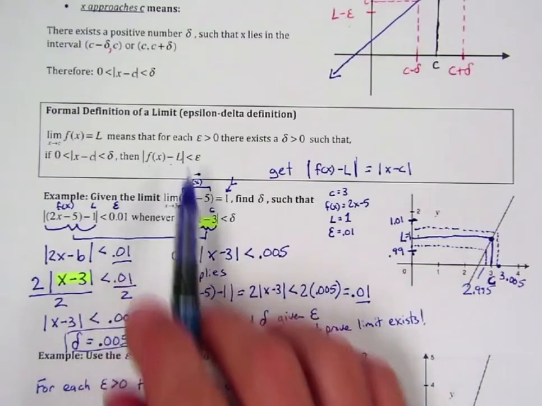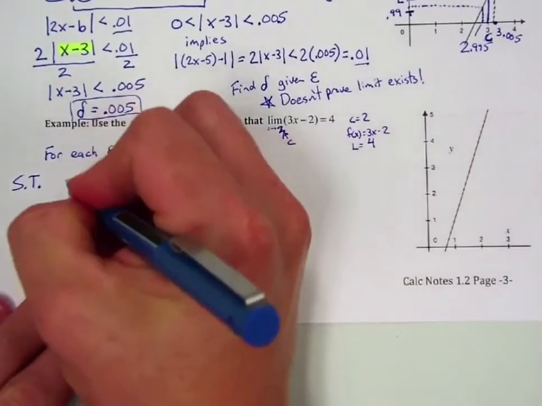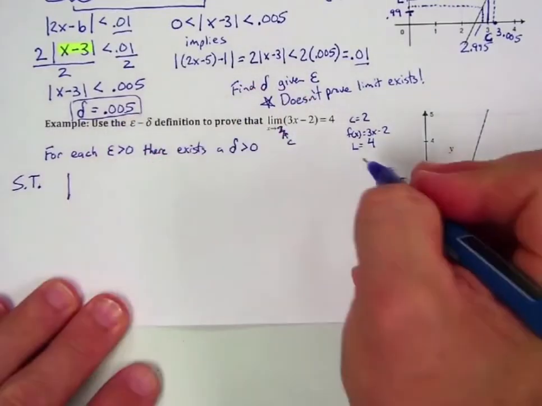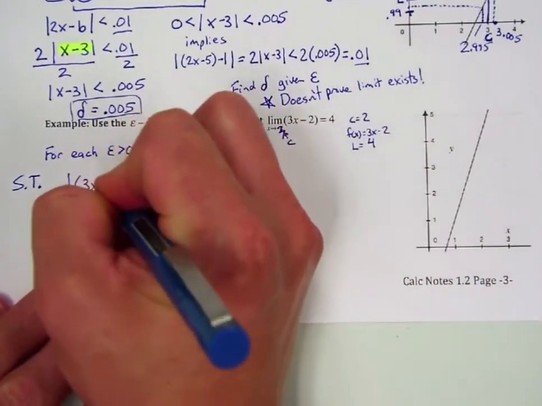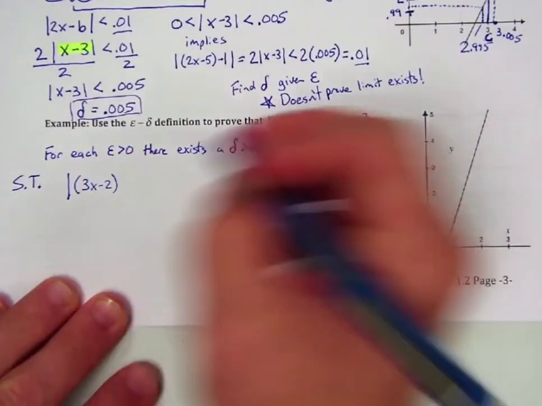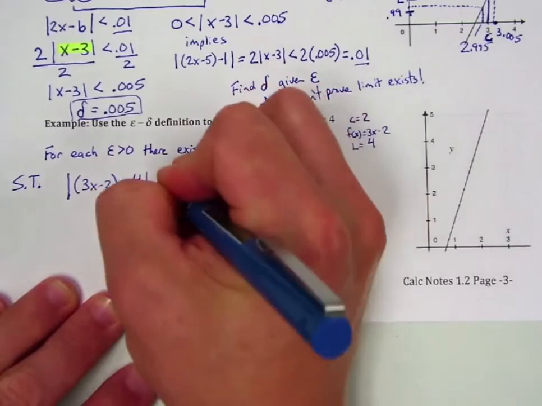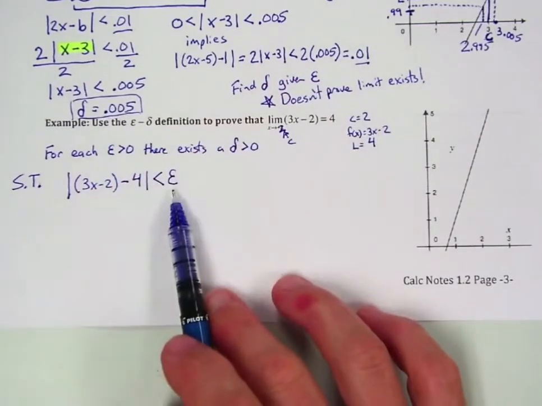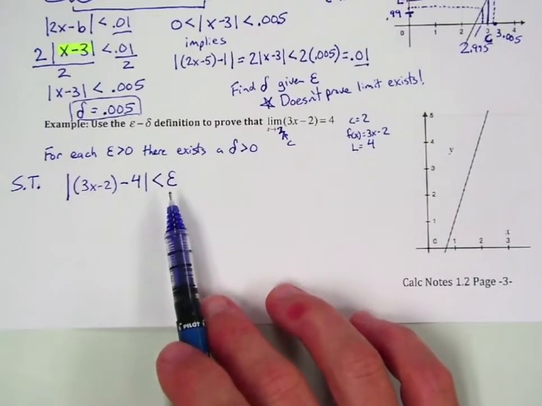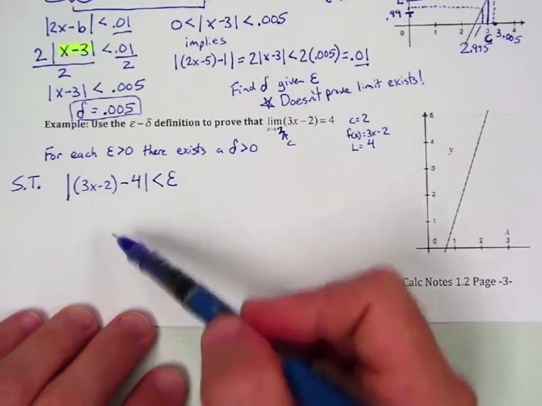And we're going to plug in everything we know. Okay, so the absolute value of f of x, which is 3x minus 2, minus L, which is 4, is going to be less than epsilon. We're just going to leave that epsilon to represent anything. Okay, now this becomes very similar to what we did in the previous example.